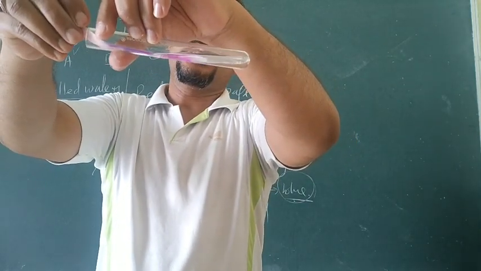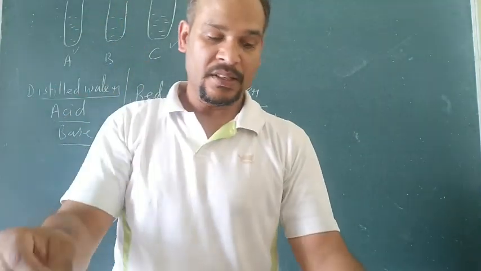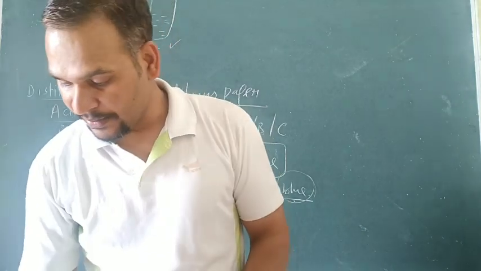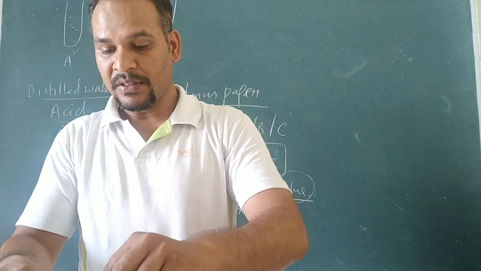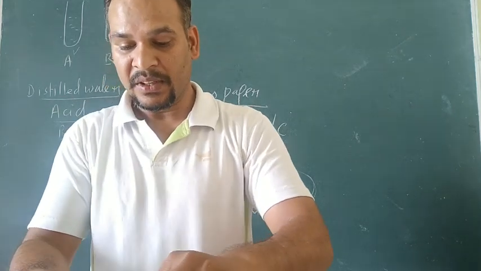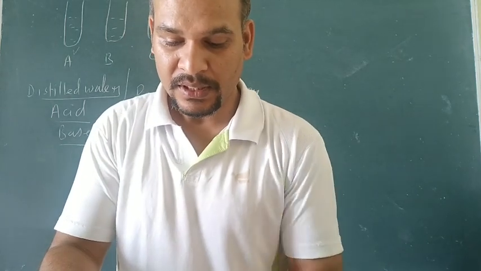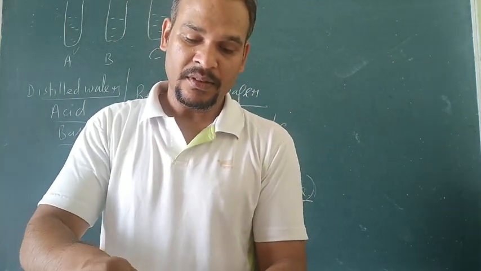See the changes in the color of solution. That means here I have a watch glass in which I am keeping this solution, so that in a proper way I can dip the litmus paper.